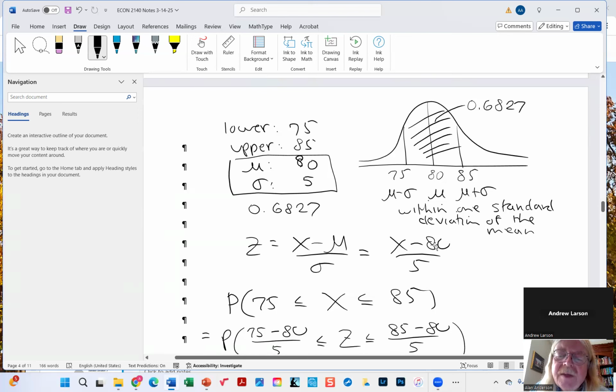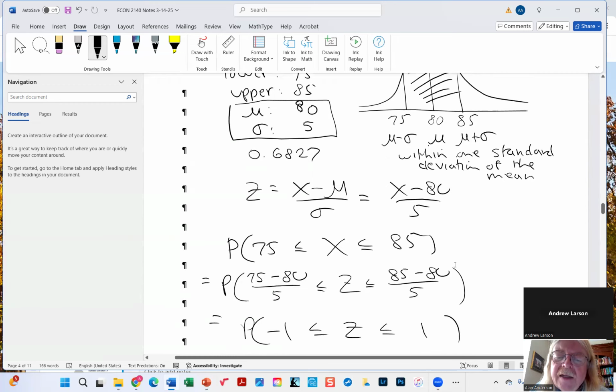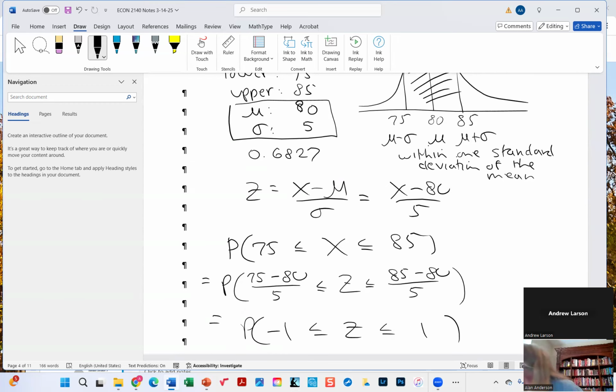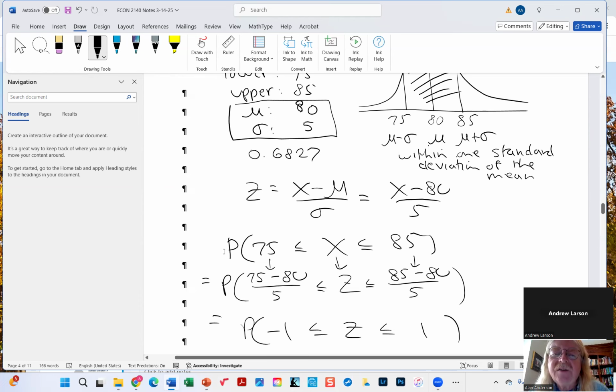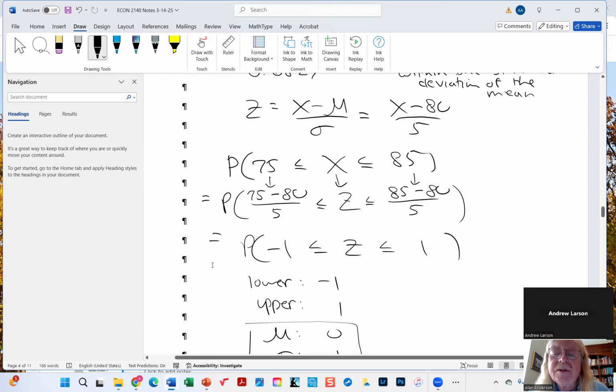Because the mean and standard deviation are 80 and 5, we're going to apply this formula to both the upper and the lower limits. And so you can see the x becomes a z. Instead of asking the probability that x is between 75 and 85, this is equivalent to asking what is the probability that the standard normal random variable is between negative and positive 1.